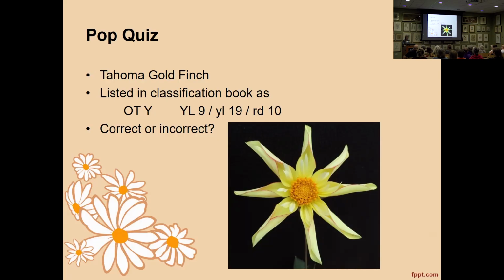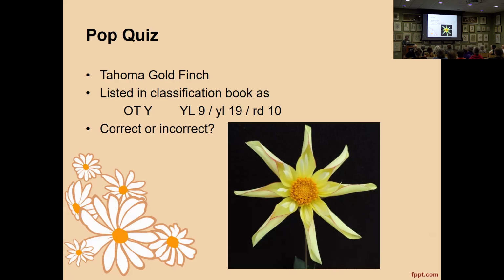Okay. The yellow 9 is the reverse of the ray florets. The yellow 19 is probably the face of the ray florets. There should not be any red, but there should be a dash showing the petaloid color, which is some yellow.